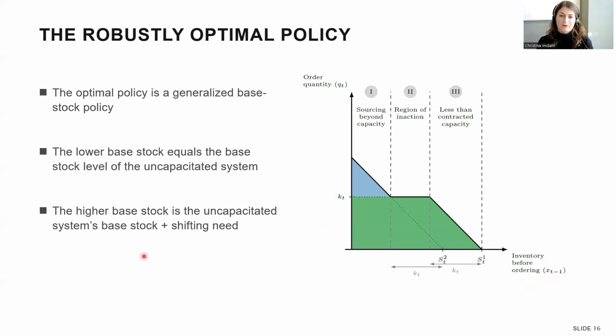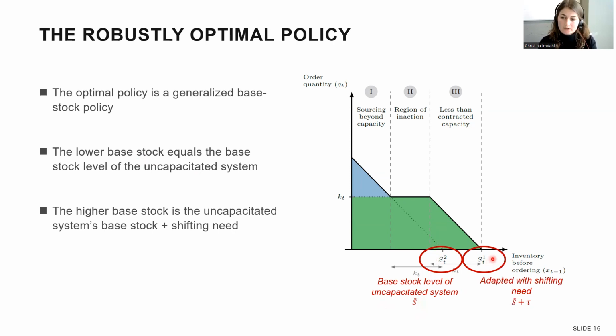So this is a sneak peek on what the optimal policy is. The optimal policy is a generalized base stock policy again, and the lower base stock of the optimal policy is the same as the base stock level of the uncapacitated system, so it's S hat. And the higher base stock level is the base stock level of the uncapacitated system, adapted by a shifting need.